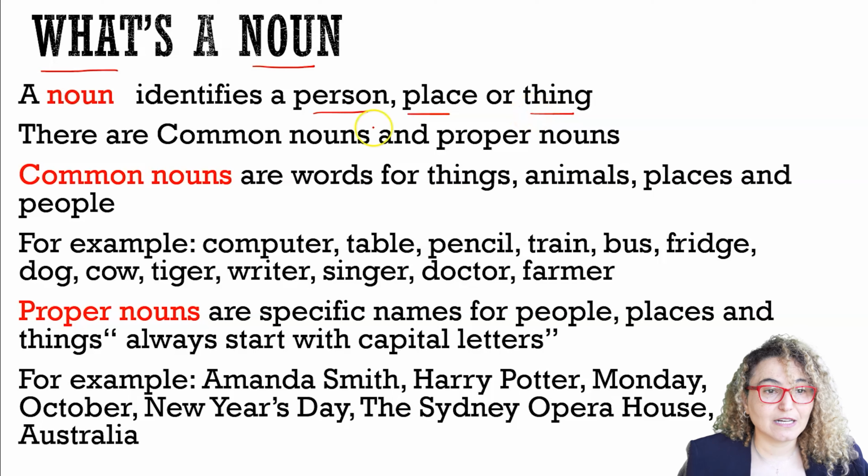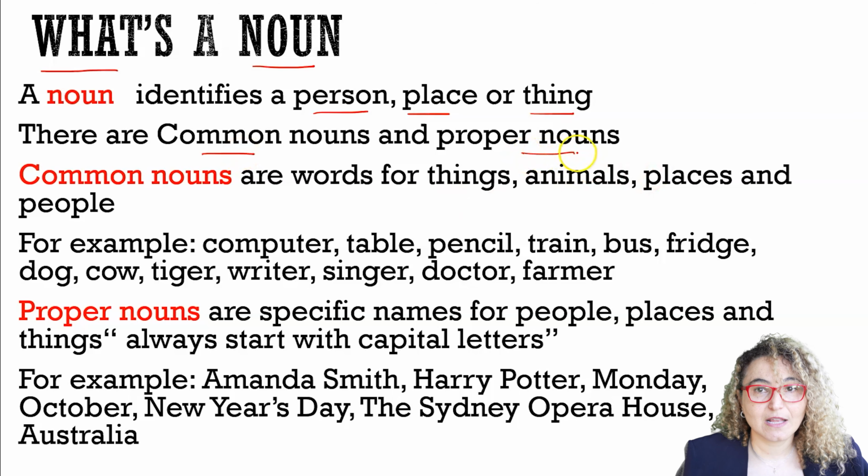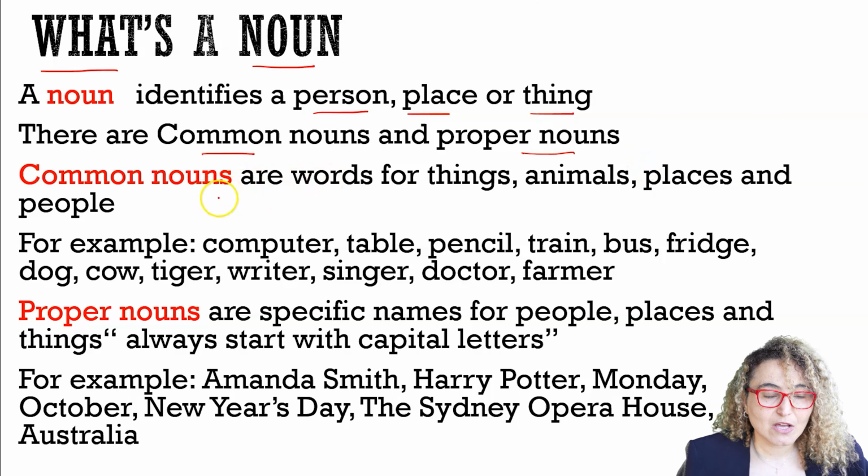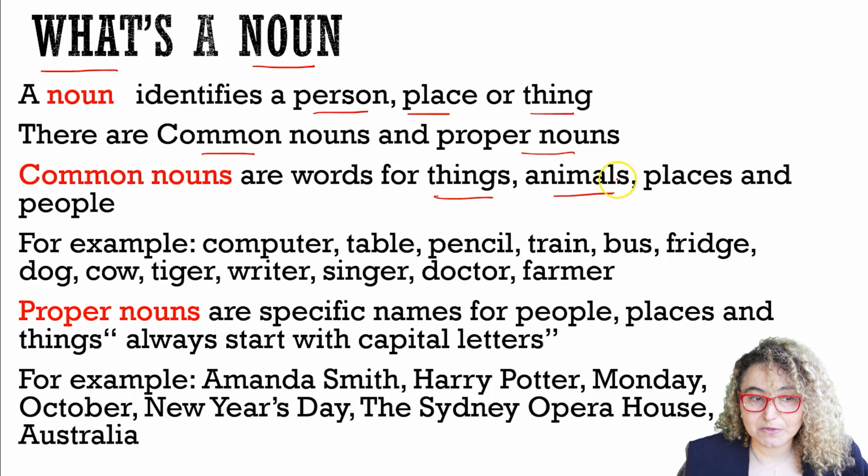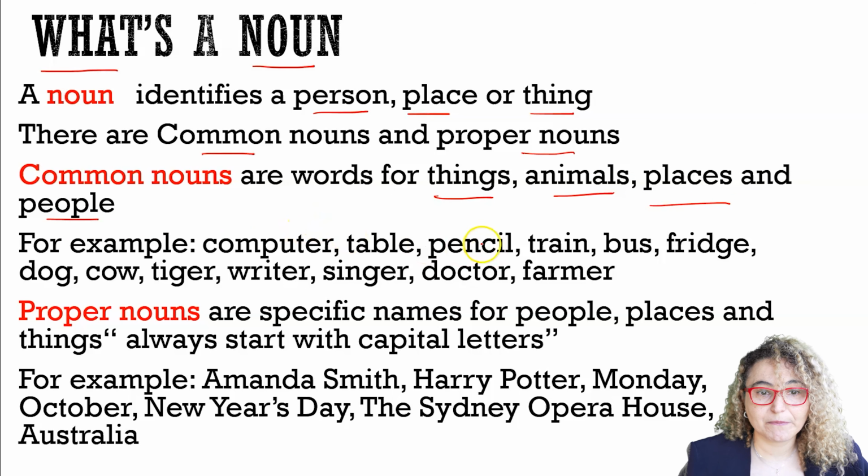So in English, there are common nouns and there are proper nouns. Let me give you an example. Common nouns are words for things, animals, places, and people. For example, computer, table, pencil, train, bus, fridge.